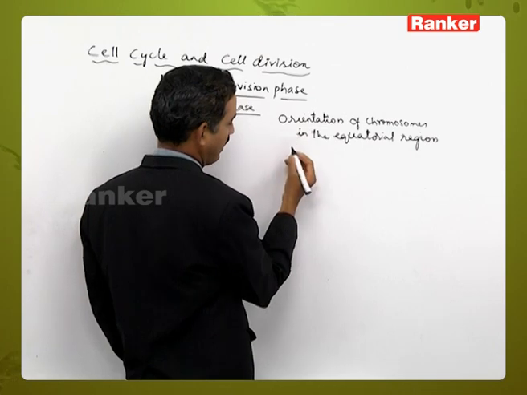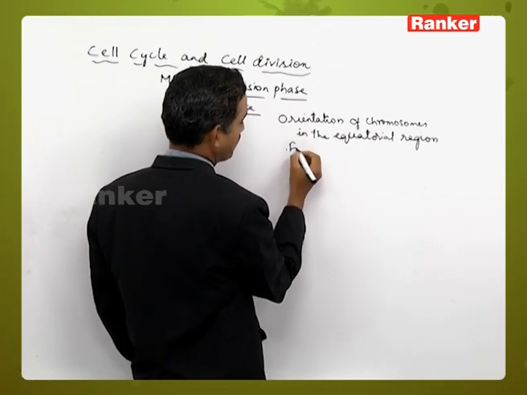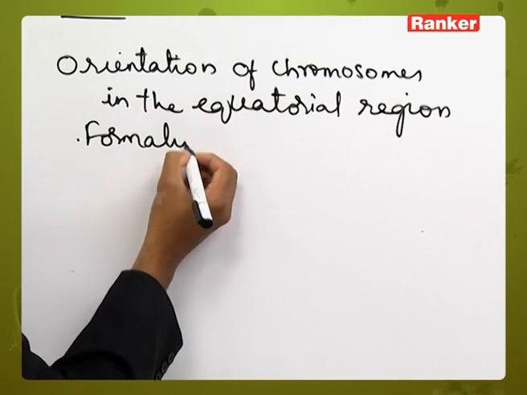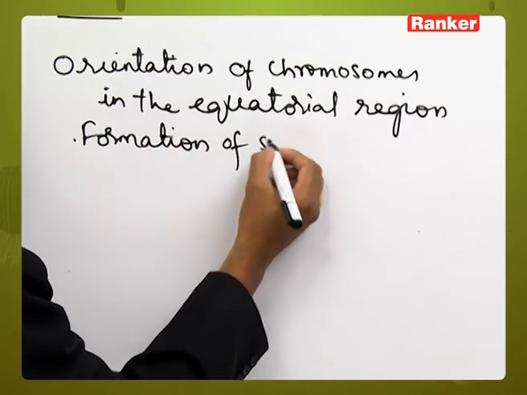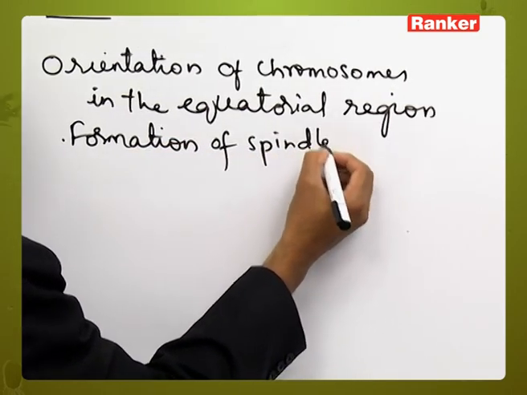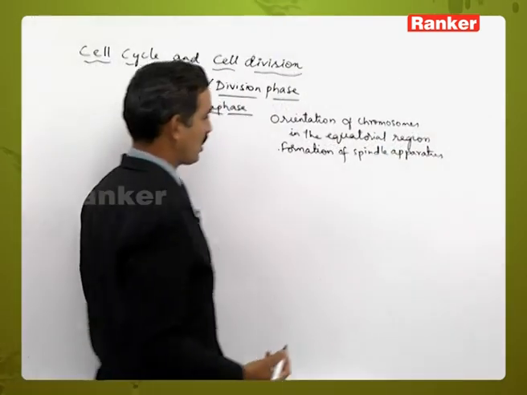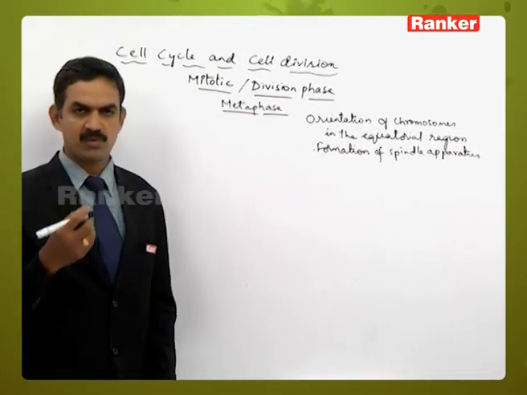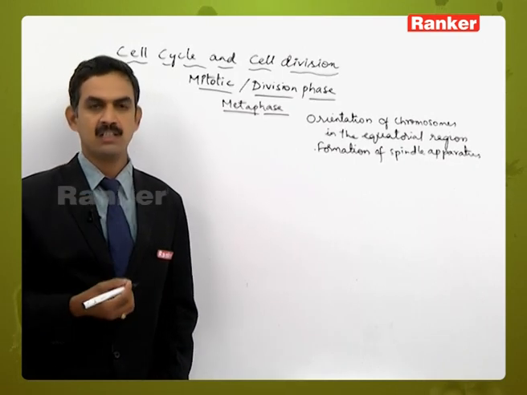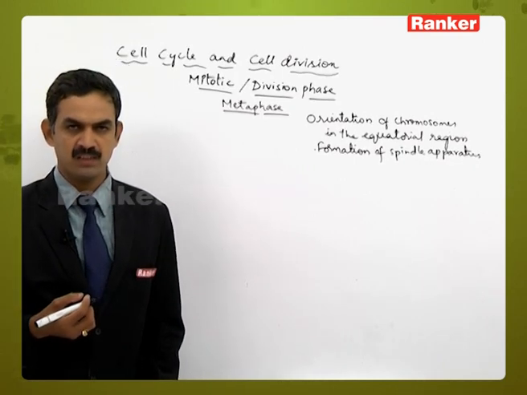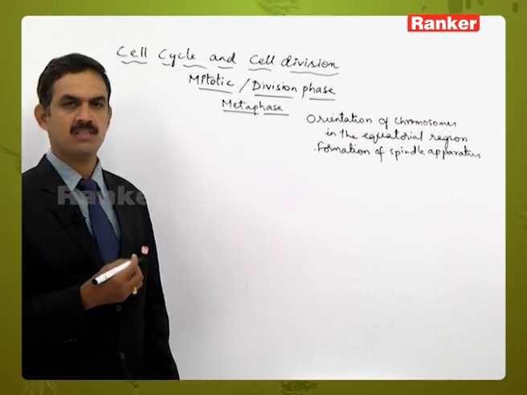The second change is the formation of the spindle apparatus. So these are the two major changes which are taking place during the metaphase. Because of these two changes, all the chromosomes will come and lie on the equatorial plate, which is formed in the equatorial region of the cell.